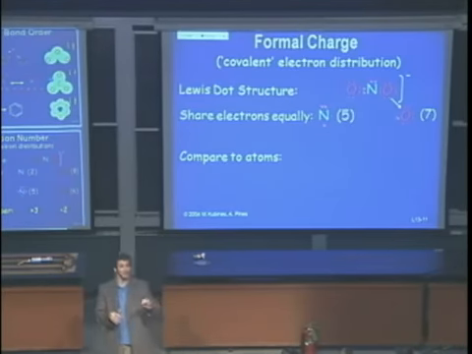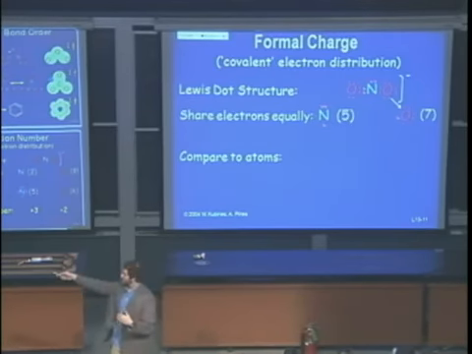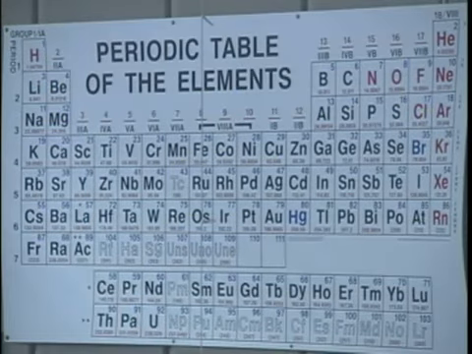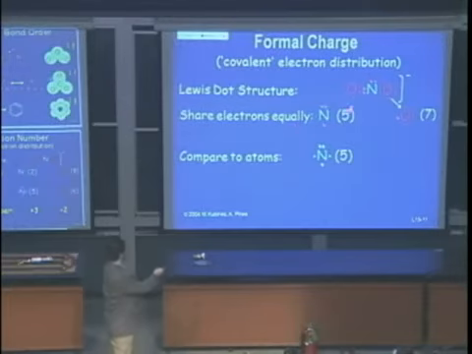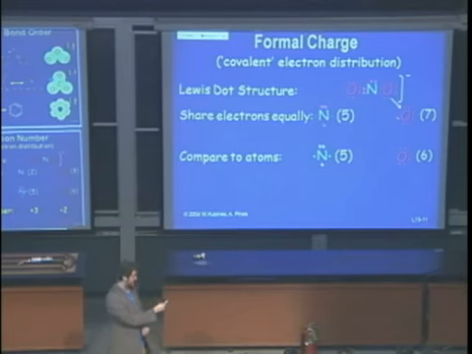Now the way we get to formal charge, how many valence electrons does neutral nitrogen have? 5. Nitrogen comes with 5 valence electrons normally. And I've got 5 assigned to it in NO2 minus. So my formal charge on this one should be 0.